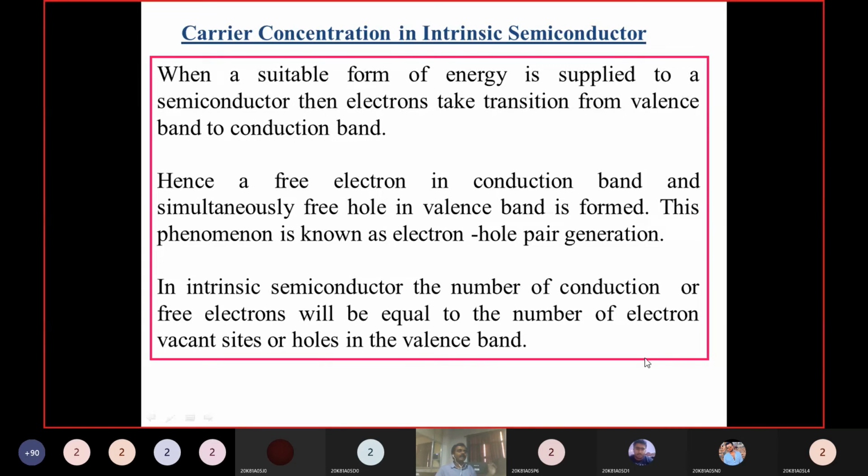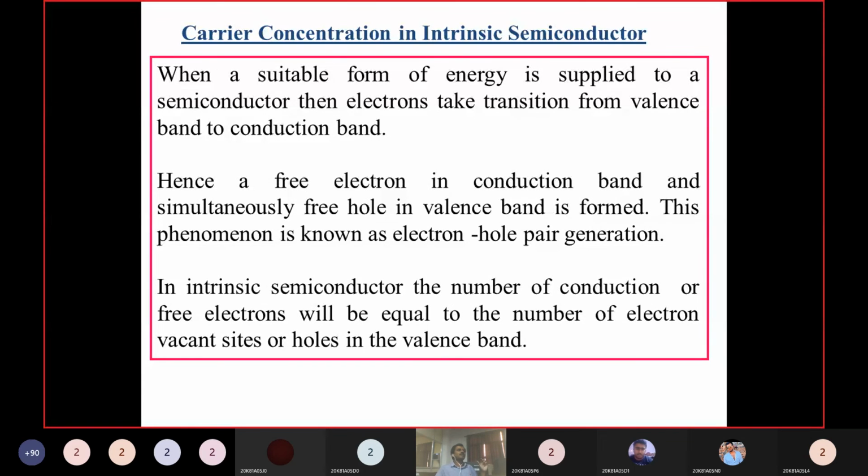If an electron jumps from the valency band to the conduction band, a vacant site occurs in the valency band. We call that vacant site a hole. So the number of electrons in the conduction band is equal to the number of holes in the valency band.